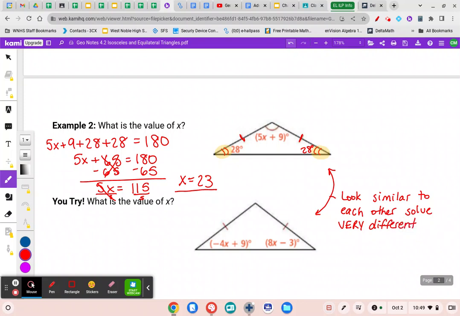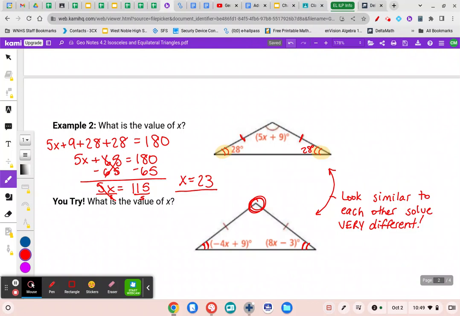So in this case, the second problem, you'll notice that both of these angles are across from the congruent legs, which means they are the base angles and they are congruent to each other. We don't know anything about this vertex angle, and we're not even going to worry about it.